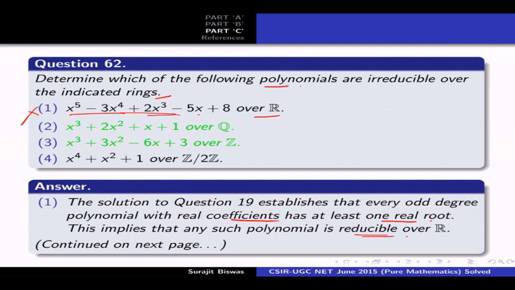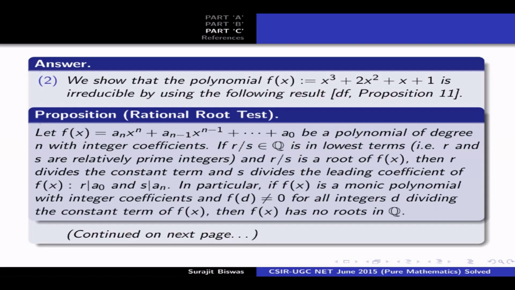Okay, in option 2 we have x^3 + 2x^2 + x + 1 over Q, and we show that the polynomial f(x) equal to x^3 + 2x^2 + x + 1 is irreducible by using the following result, the rational root test. It says: let f(x) equal to a_n x^n + a_{n-1} x^{n-1} + ... + a_0 be a polynomial of degree n with integer coefficients.